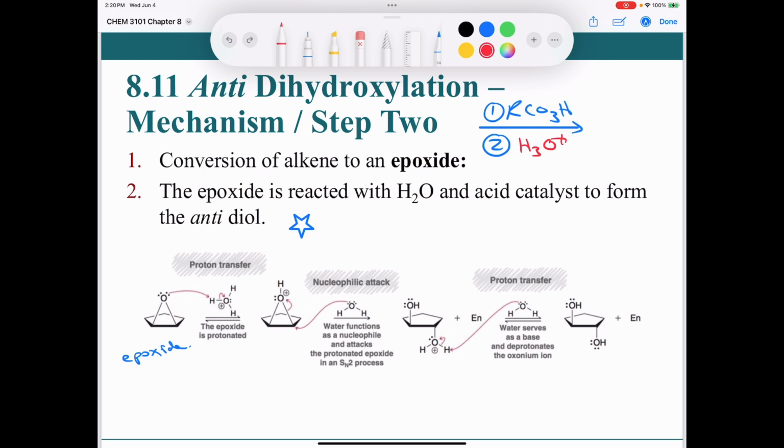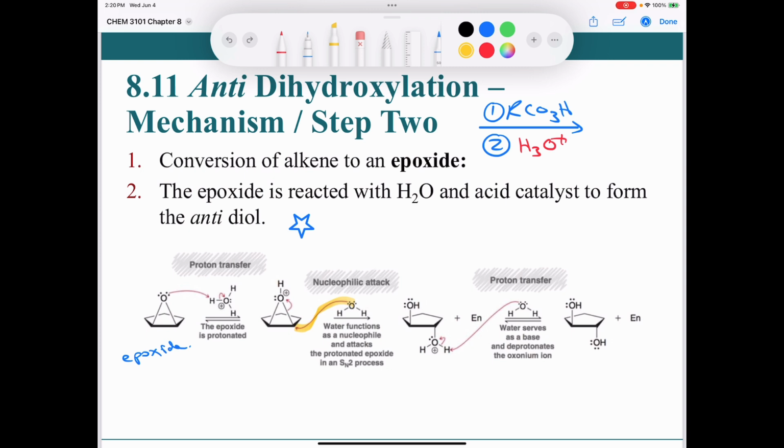And what's going to happen is our nucleophile, which will be water, is going to come in and do backside attack, right? It's going to do this SN2 from the backside, which explains why we form the trans diol, why we get anti-addition. So we form this oxonium shown here, then water comes in and does a proton transfer, and there you go.